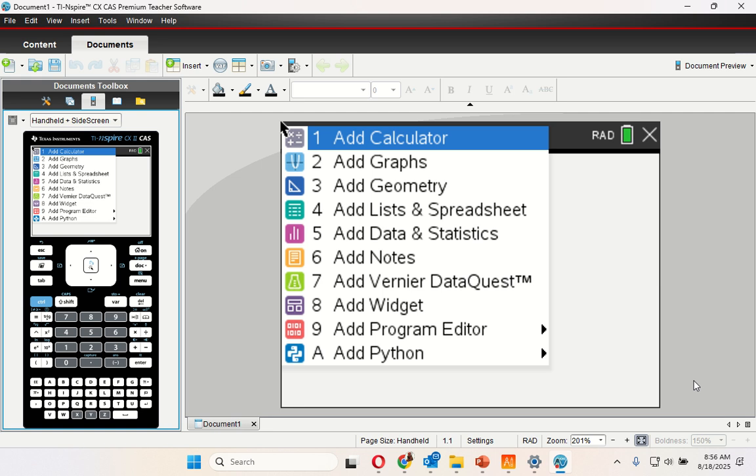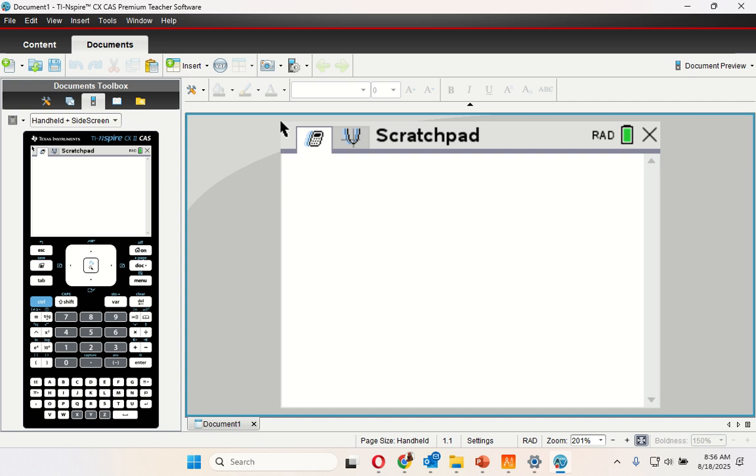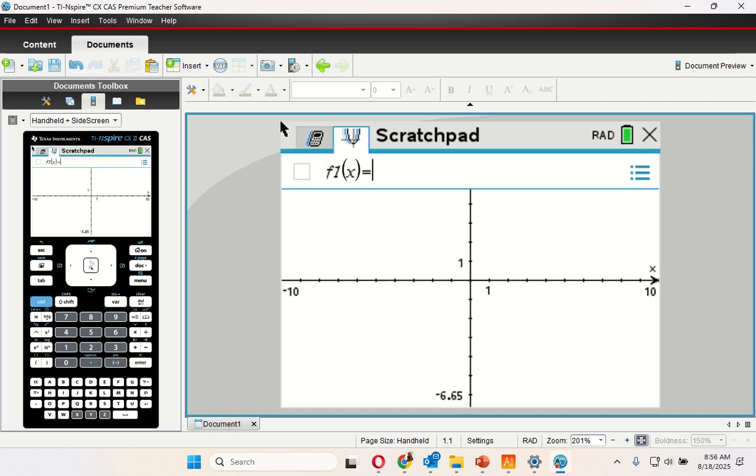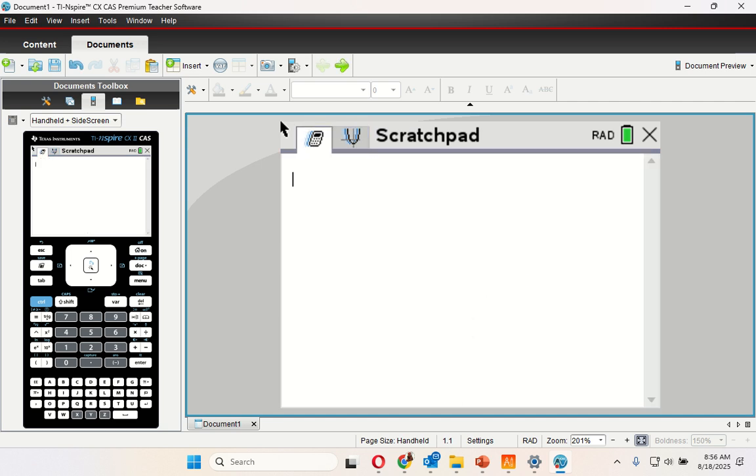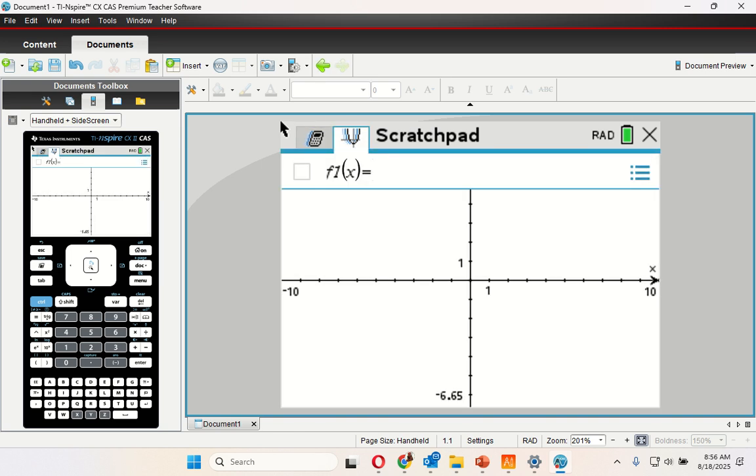So anyway, see this over here, second button down, this is your graph button. Okay, there's my scratch pad, and I'll hit it again. There's my graph. Scratch pad, graph. Scratch pad, graph. There you go.